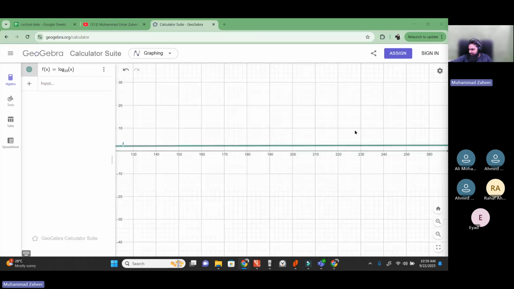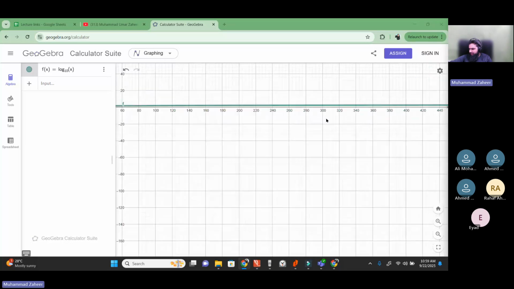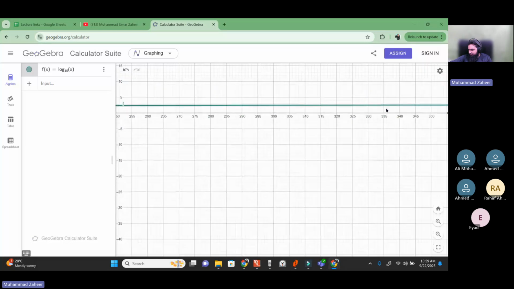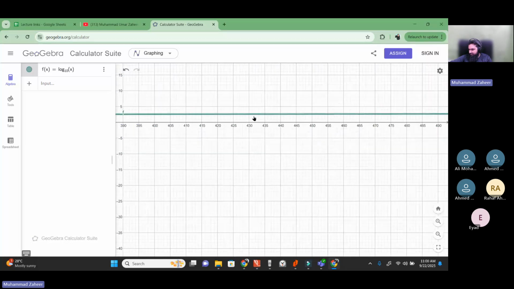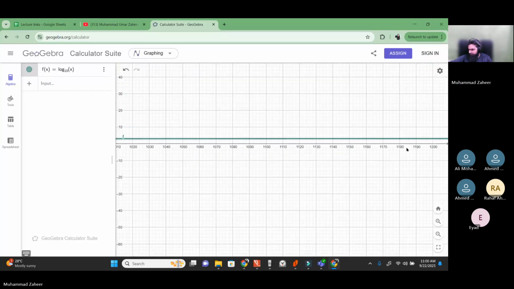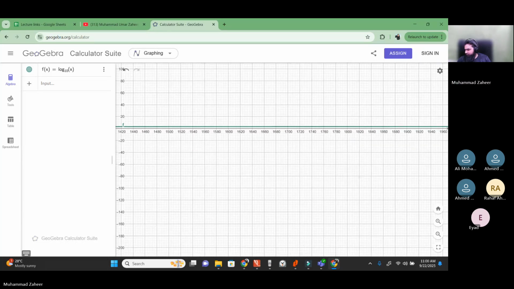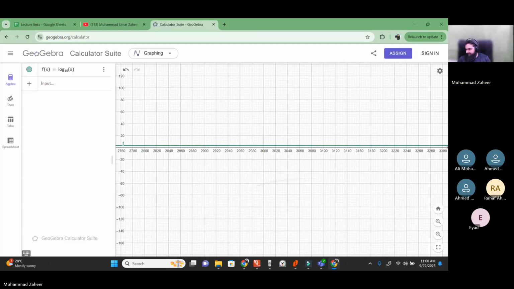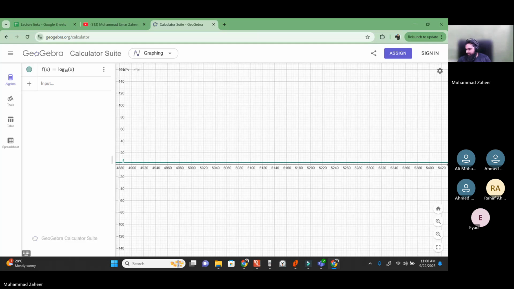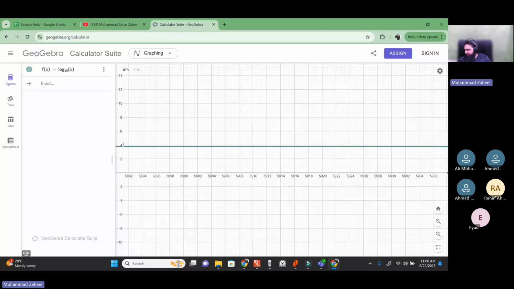So look here. But if you look very carefully, it is slowly moving upward. Look here, this difference is going to be increasing. Look here, it is going to reach the upper line.